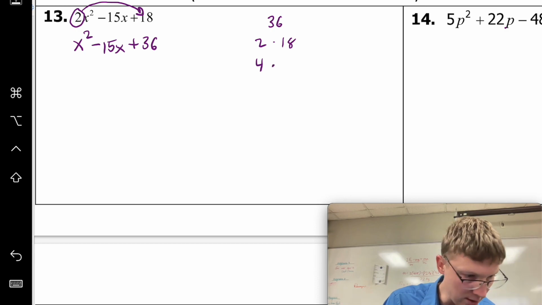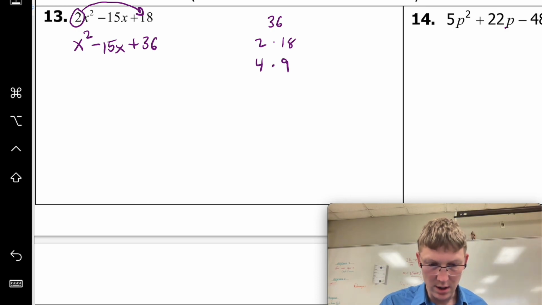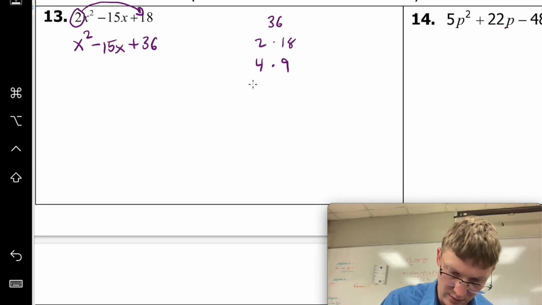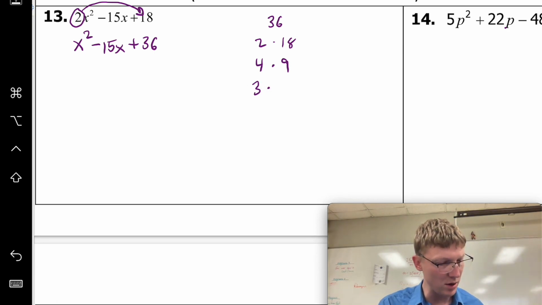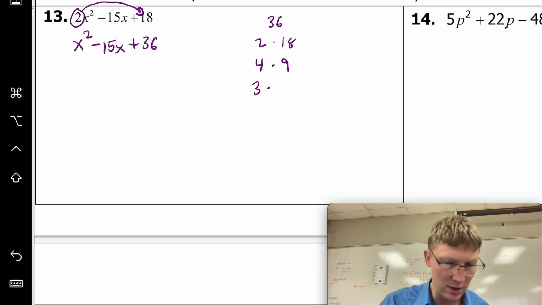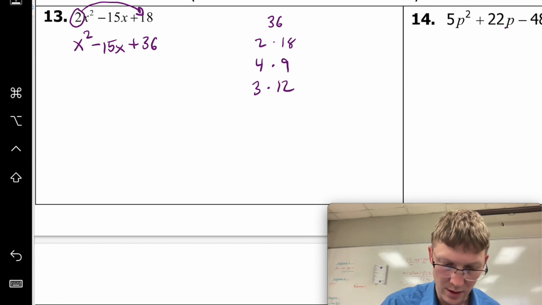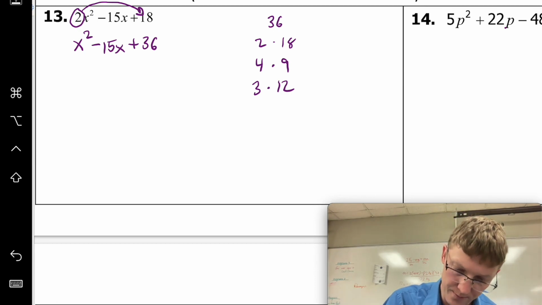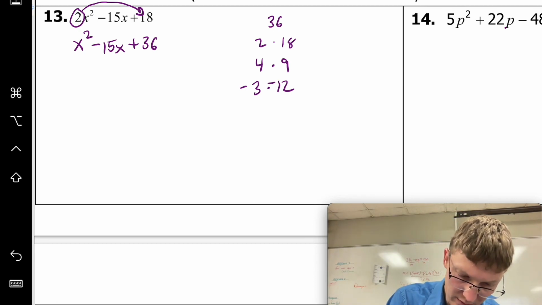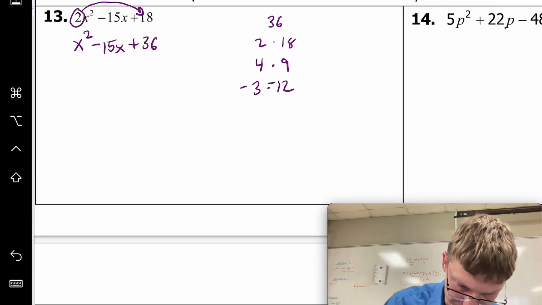Oh, I forgot 3. 4 plus 9 is 13. So we're going to try 3. I just forgot it. Sorry. 36 divided by 3 is 12, which we add those together, we will get 15. But they're both going to be negative because of this negative sign right there.